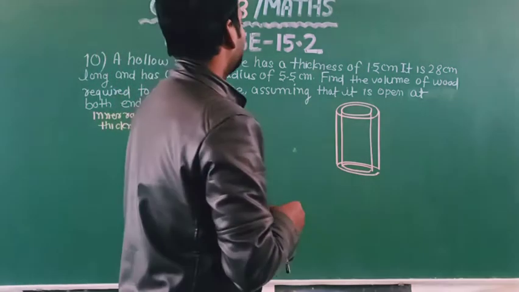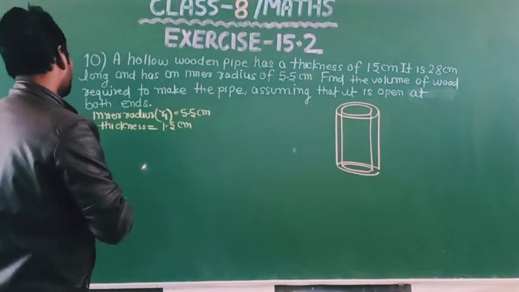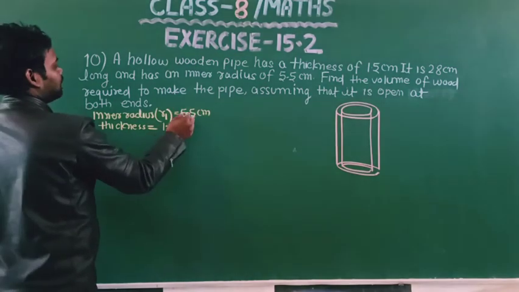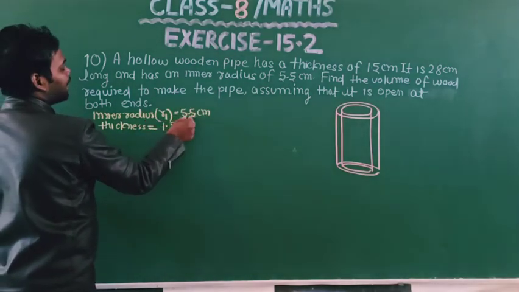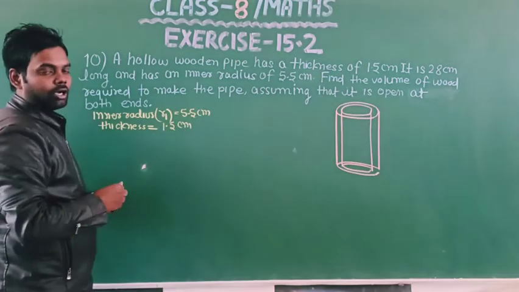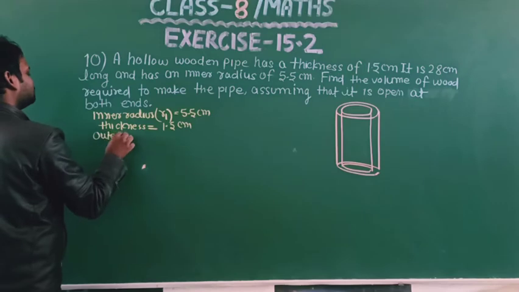So the radius of the outer pipe will be the radius of the inner pipe plus thickness.